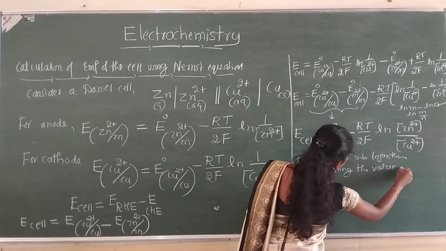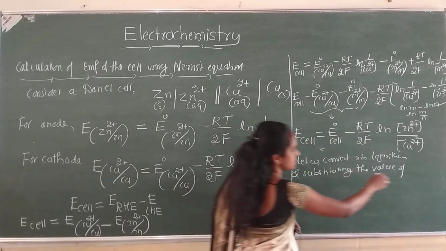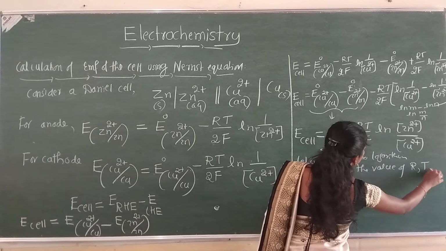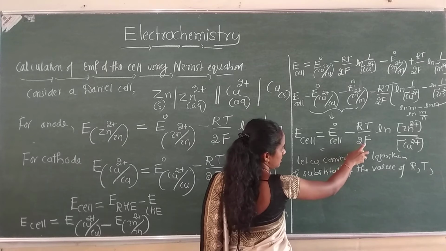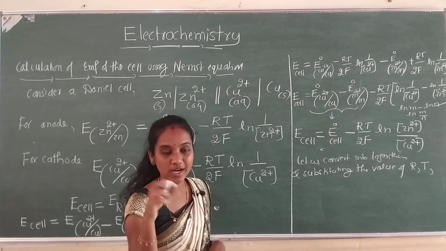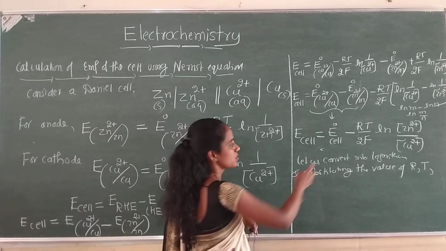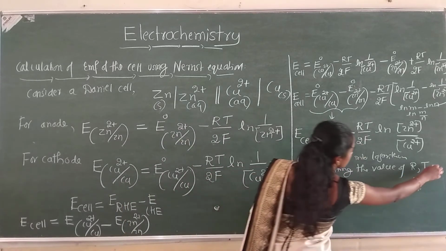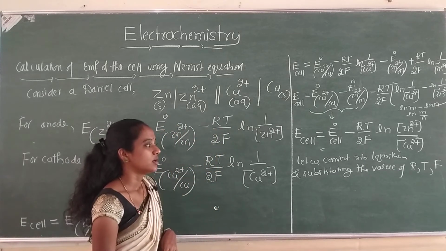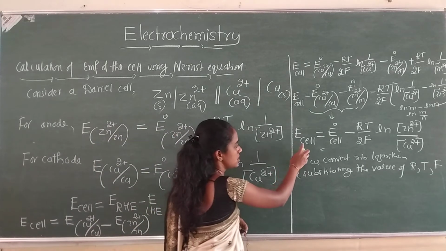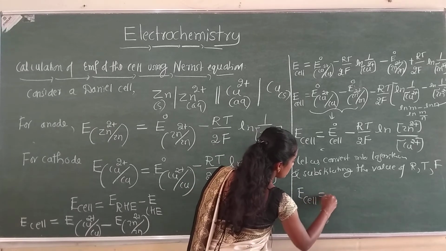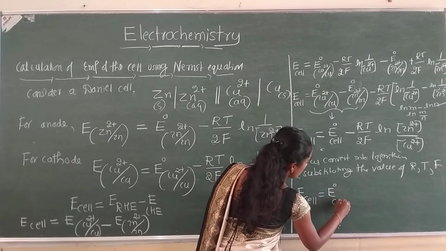R is a constant, isn't it? Next, temperature, standard temperature you can take 298, and here in the Daniell cell the number of electrons n value is 2, and F, we have F, that is 96,487.